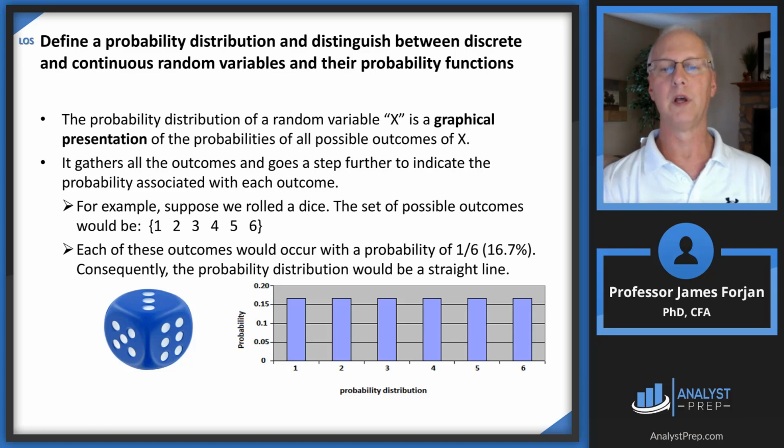So if I put 6 across the horizontal axis on a graph, and I put probabilities on the vertical axis, we know that we have a 1/6 chance of rolling any one of those 6 numbers. So the distribution would be a straight line because each has a probability of occurring of 1/6.